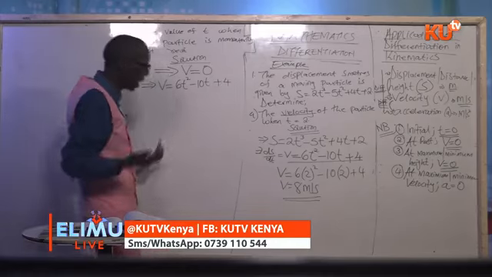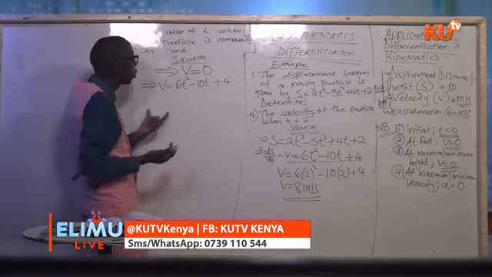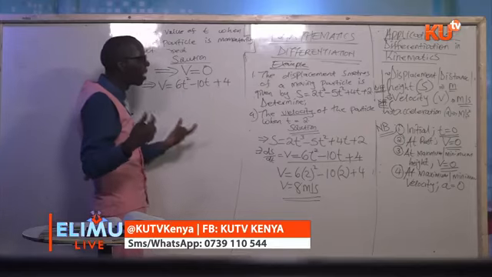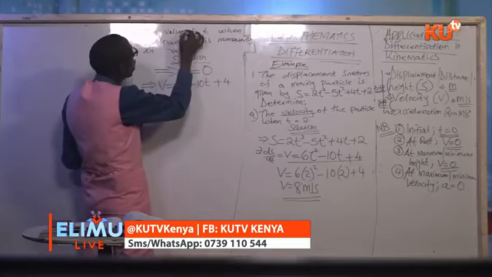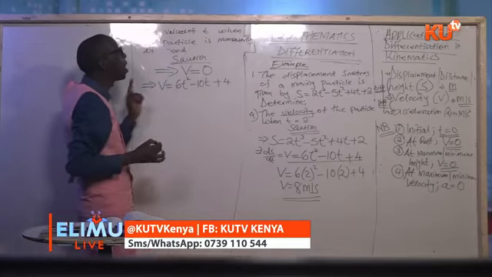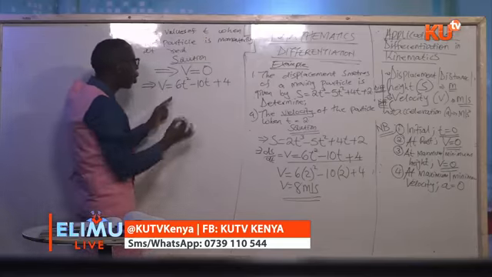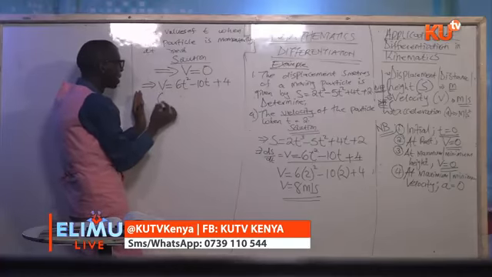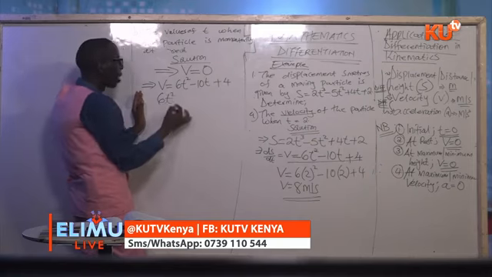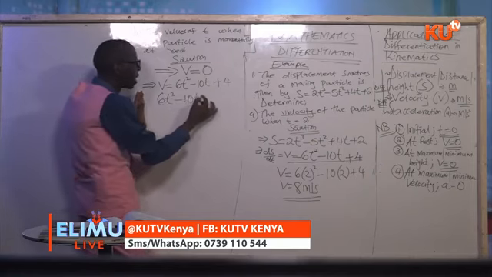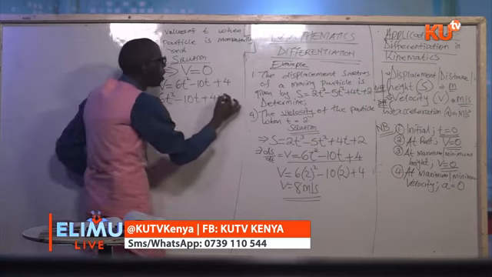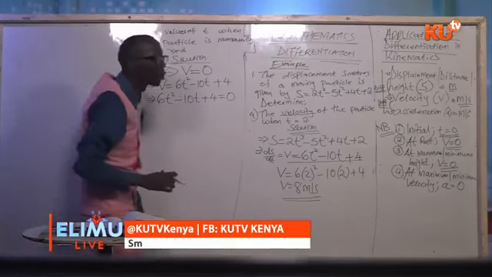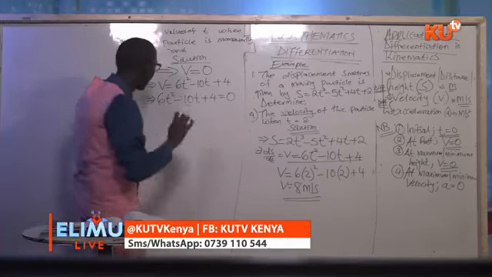So we might get two values of t, because this is a quadratic equation and when we equate to 0, we'll get the values of t when the particle is at rest. So we now equate 6t squared minus 10t plus 4 to 0 and solve for t.